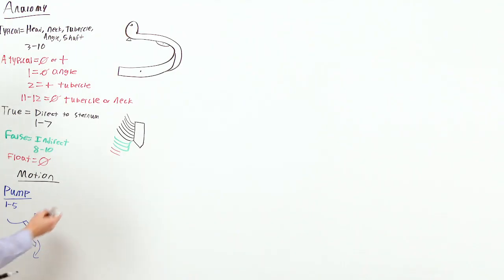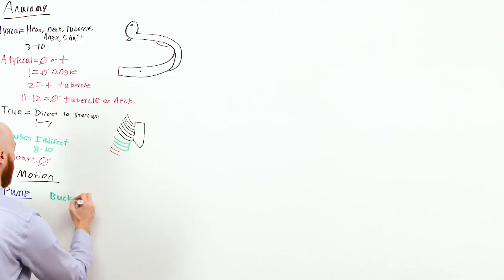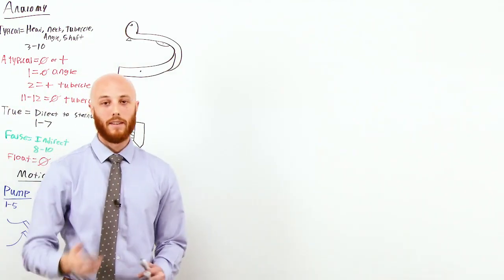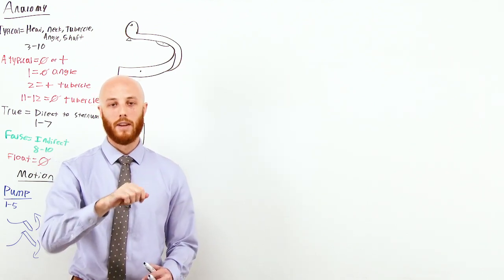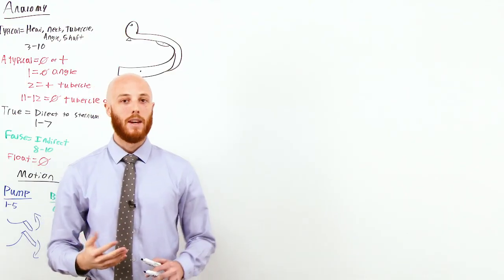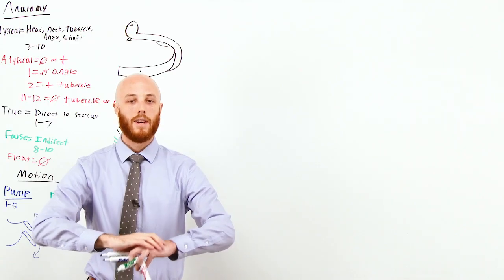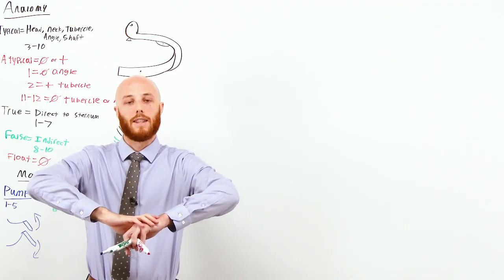The next motion that we have is bucket handle. And this is ribs 6 through 10. So imagine that you have a water bucket. On the top, it has that wire piece that goes back and forth. So relating that to the ribs, imagine that you're looking at ribs 6 through 10 and my arms are the ribs. When I breathe in, my ribs are going to go up into inhalation like this.